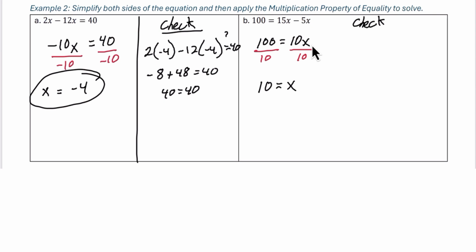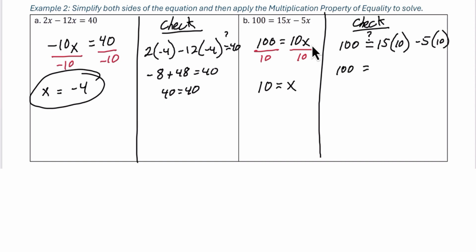Make sure we're right. 100. We're asking, is that equal to 15, replace x with 10, minus 5, replace x with 10. 15 times 10 is 150, minus 5 times 10 is 50. We get 100 equals 100, which again tells us our answer of 10 is correct.